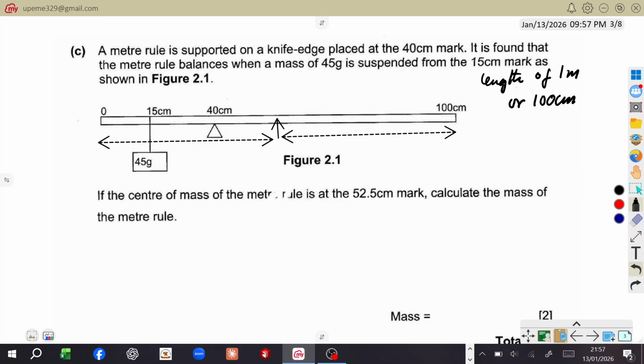Now if it wasn't, it is balanced on where it is now. It means that what is causing it to balance, there is a mass here at the center, which is the weight acting now downwards. That one is acting downward, not like this. Let me try if I can remove the arrow.